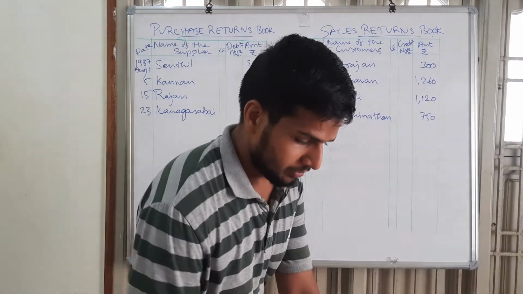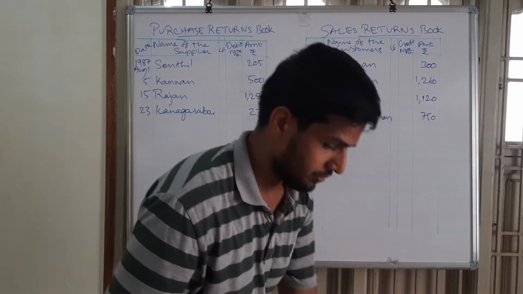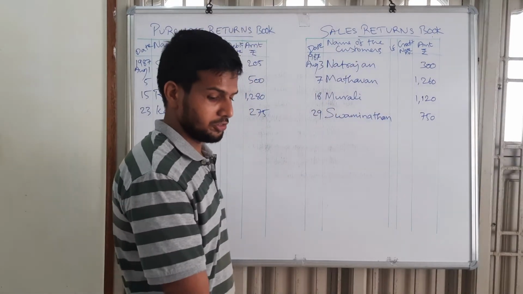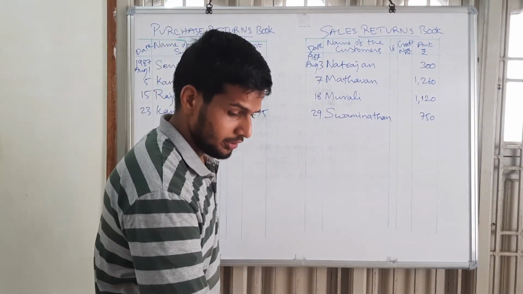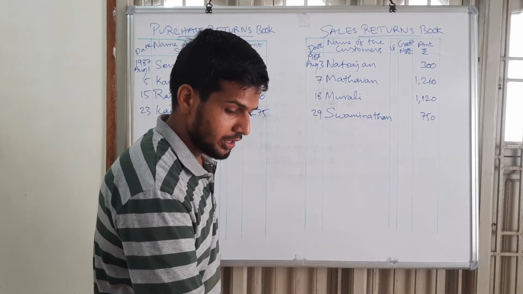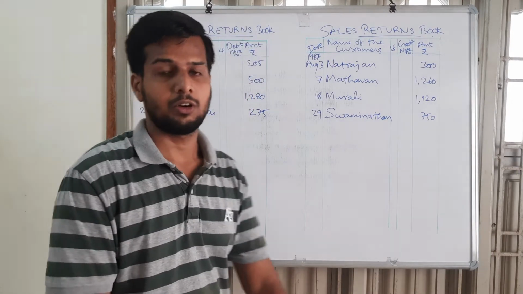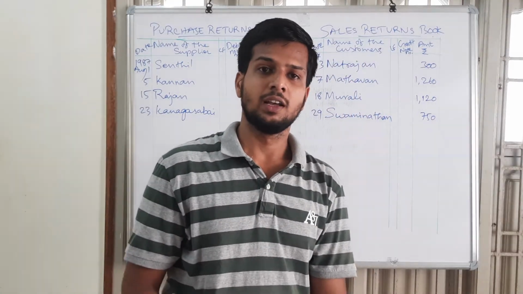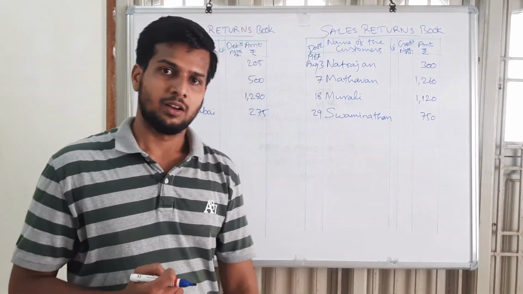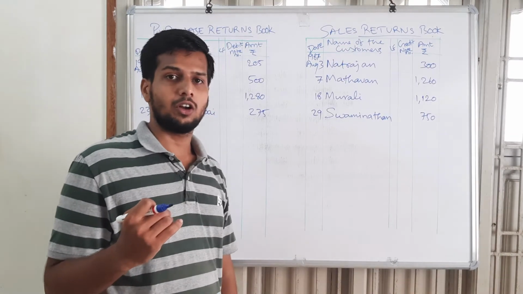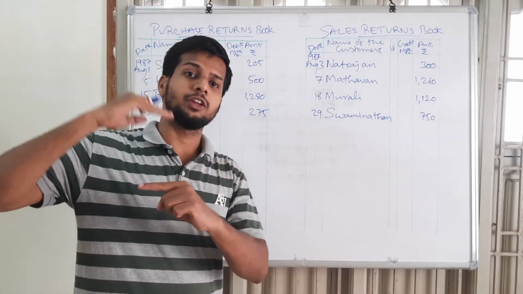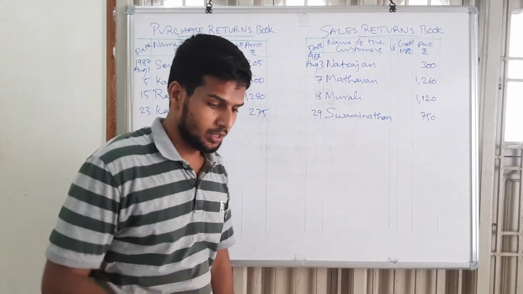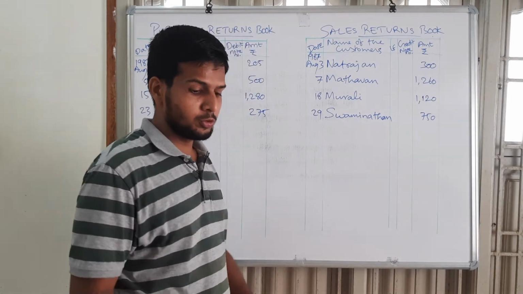Next, we go for the August 30th transaction. That is returned inferior goods to Sankar. What is the meaning of inferior? Inferior means the goods which are of less quality. The opposite of inferior is superior. So inferior goods to Sankar.